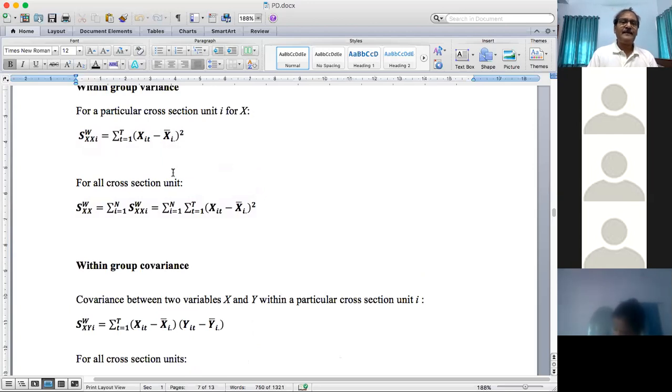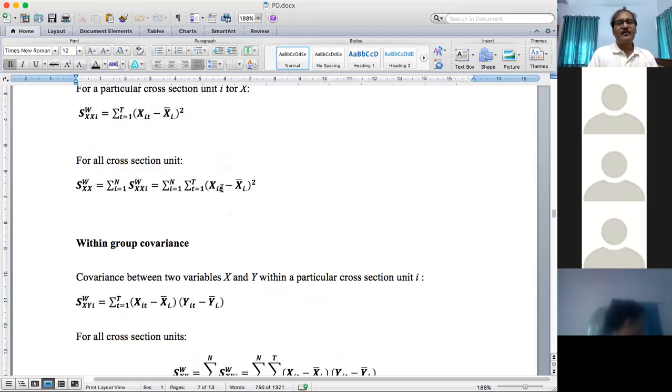But to get the variance component for all cross-section units together, using this formula, you have to divide this sum of squares by n into T, because you have taken the sum over n as well as T. So the number of observations in this formulation is n into T. Therefore, to get the within group variation of x, you have to divide this sum by n into T.